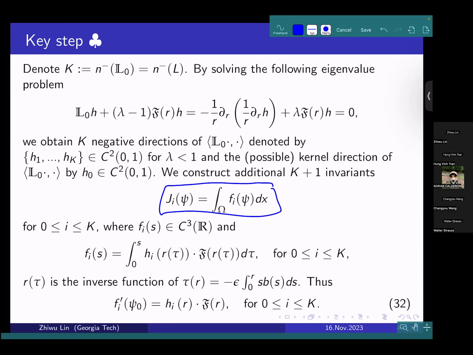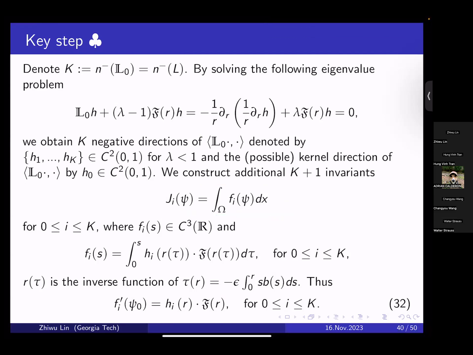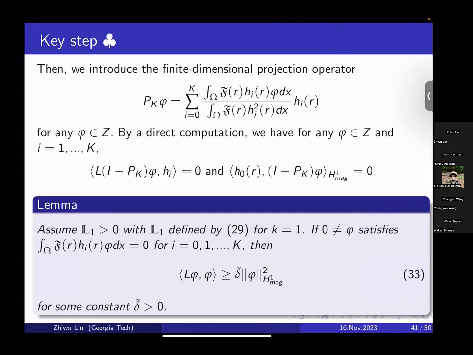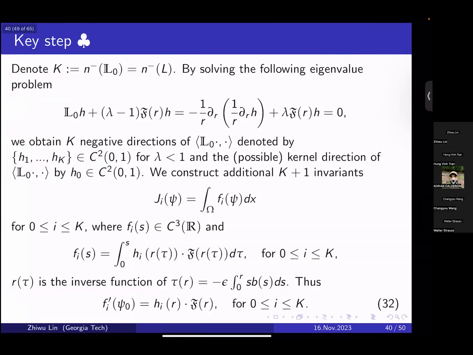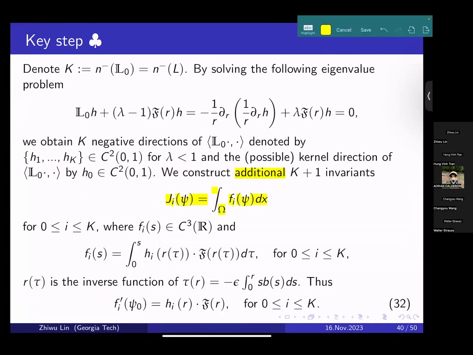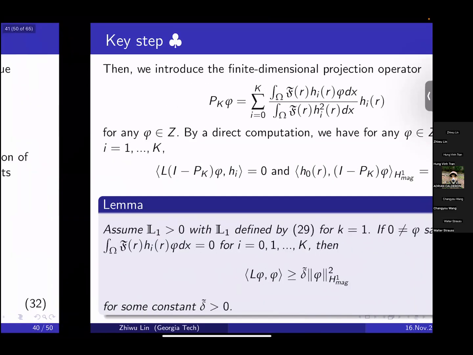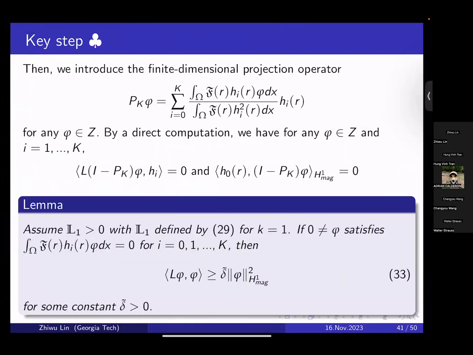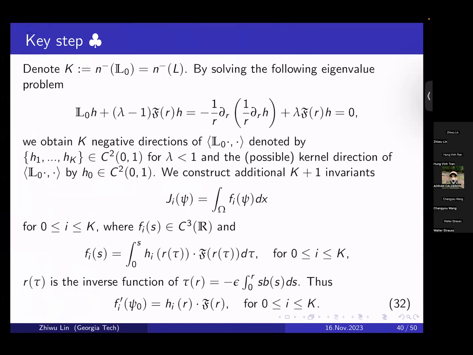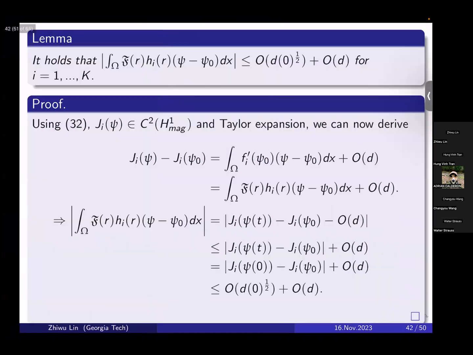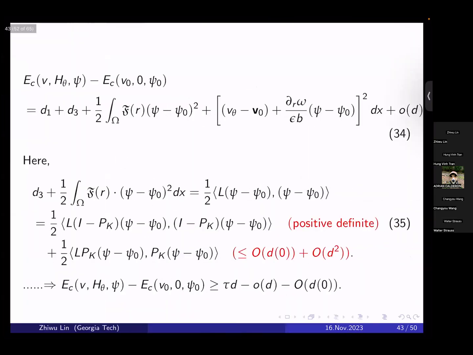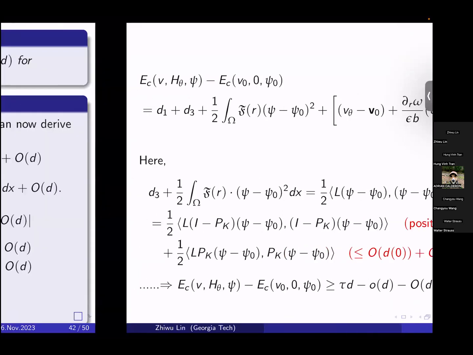Then you can use this additional invariant to restrict your perturbation, because this additional invariant will have a restriction on the perturbation of the magnetic potential. In particular, it implies the projection of your perturbation to the negative direction or the 0 direction for the 0 mode is of the same order as the distance function.